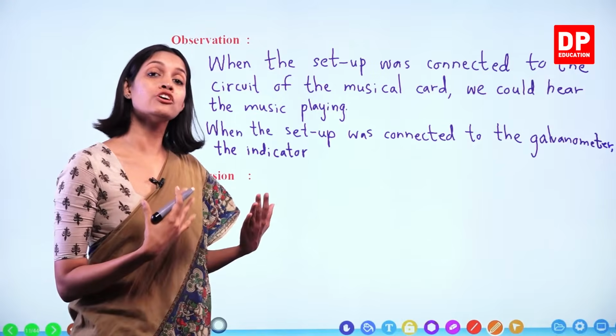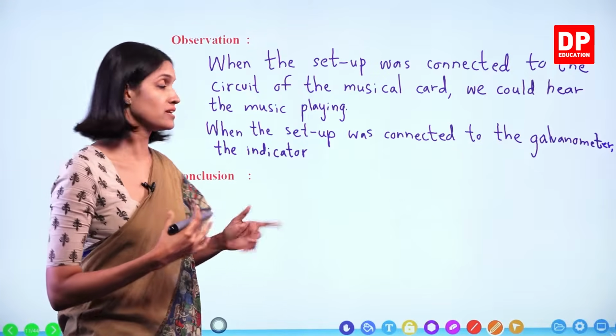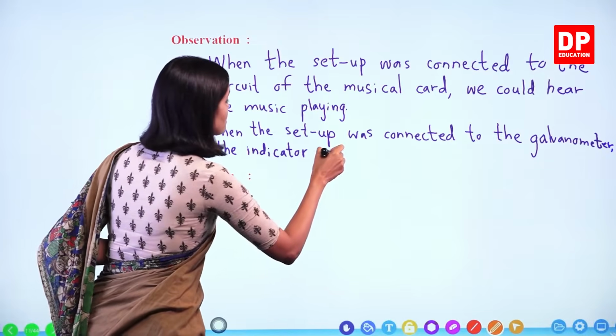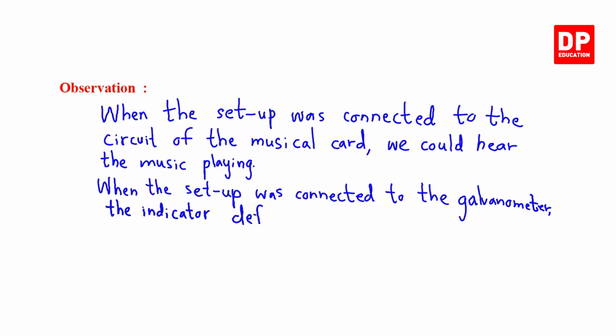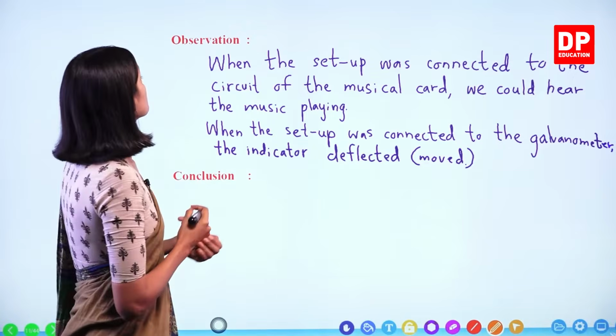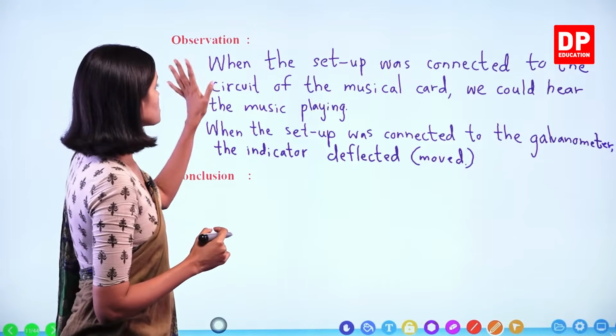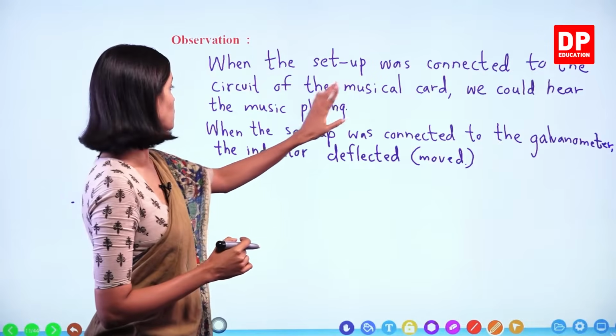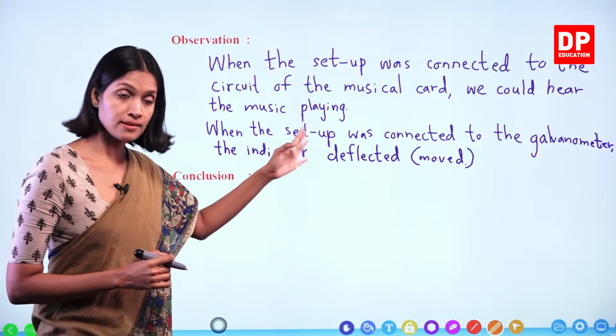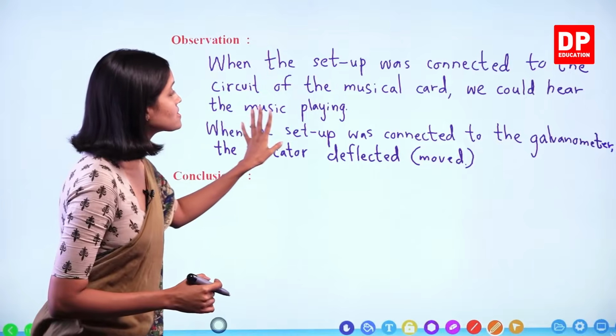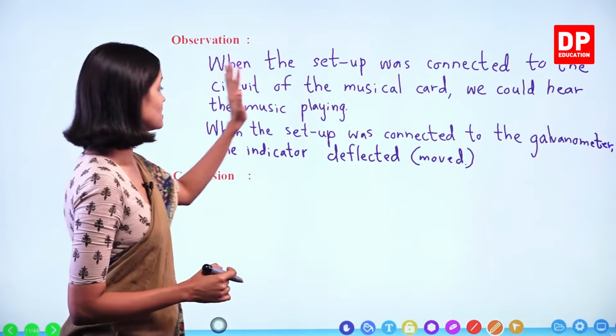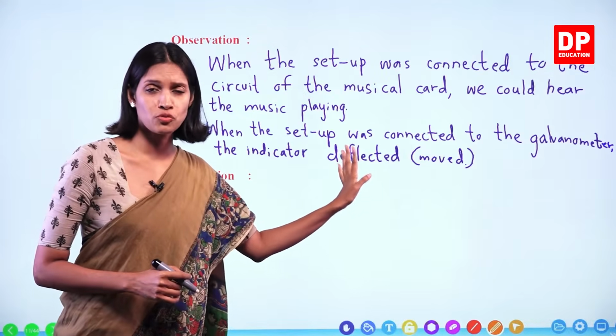It moved. We call this deflection, or deflected here, right? The indicator deflected, moved. Okay. When the setup was connected to the circuit of the musical card, we could hear the music playing. When the setup was connected to the galvanometer, the indicator deflected or moved.